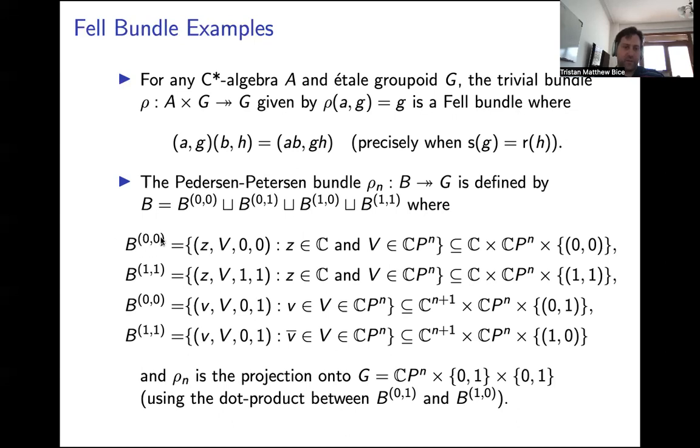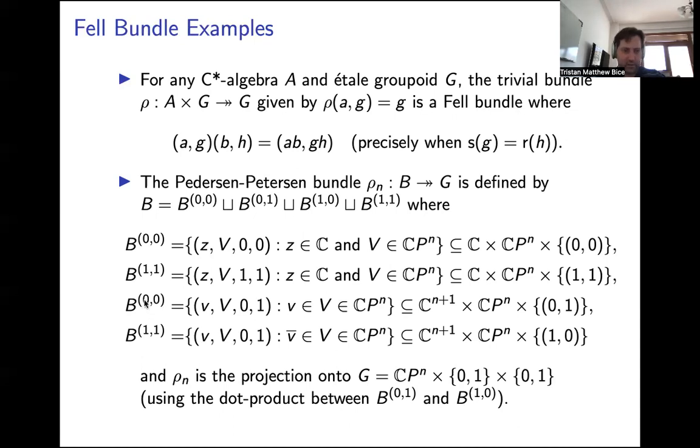The bundles corresponding to the top left and bottom right corner are just trivial bundles over this groupoid here, CPn times 0,0, where the element of the total space is just some complex number.